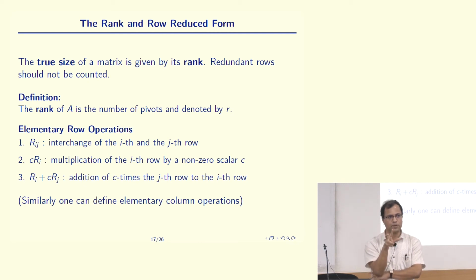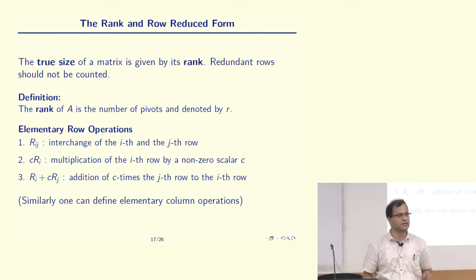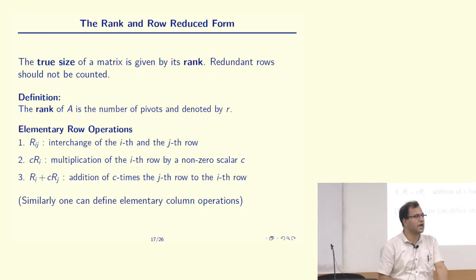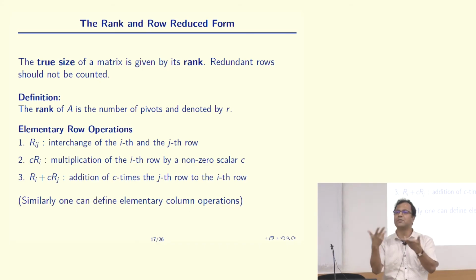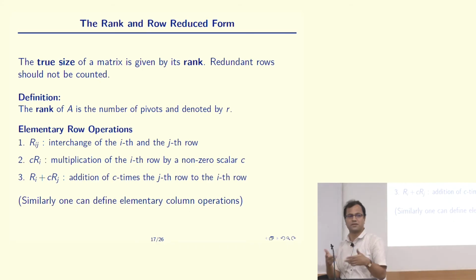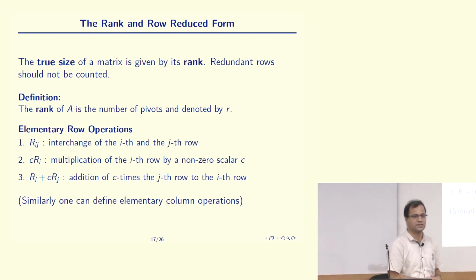Because we got 2 pivots. We do all the elimination, and then we see how many pivots there are in the matrix. So that will be the rank of the matrix. That is also called the true size. Basically, we are eliminating all those equations which are redundant, which have no function in your system of equations.